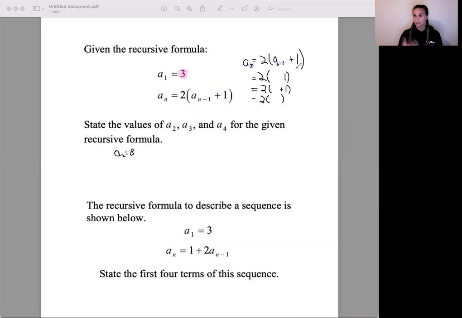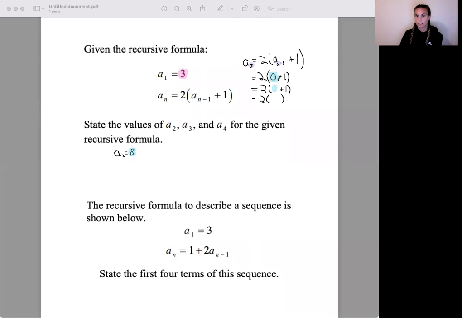And I do fade the supports, as they say in special education, as we go on in the topic, as I see that the students are getting more comfortable. So a sub 3 minus 1 is just saying a sub 2. I know what a sub 2 is because I just found it using the formula.